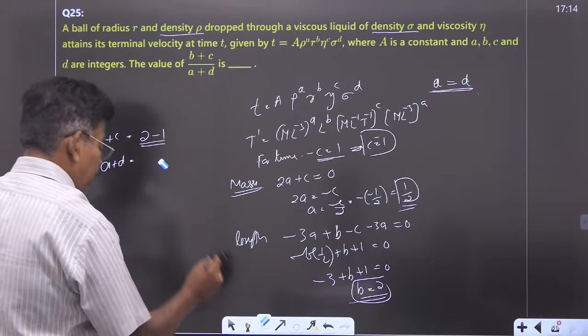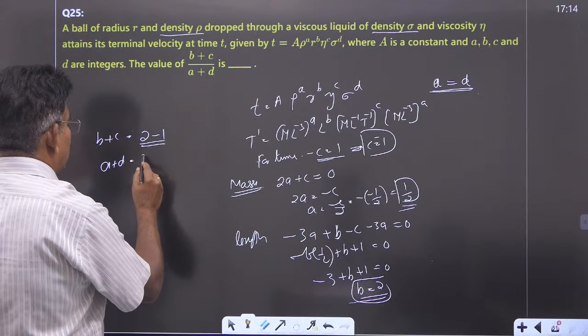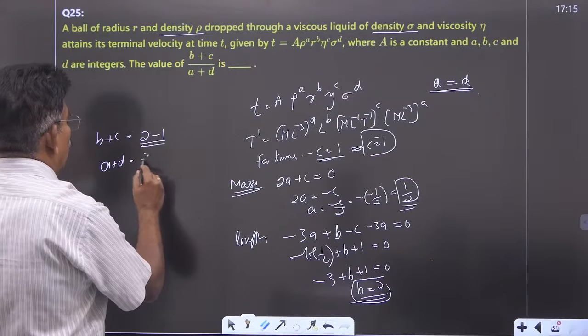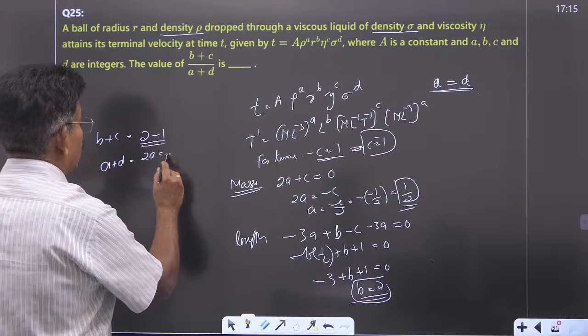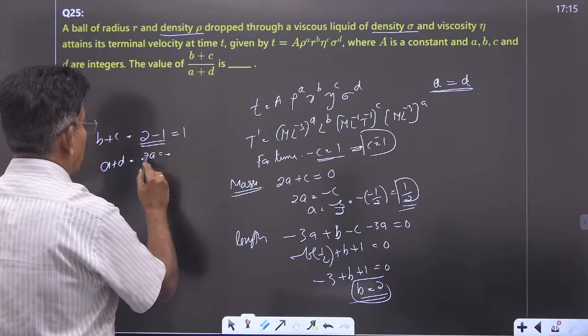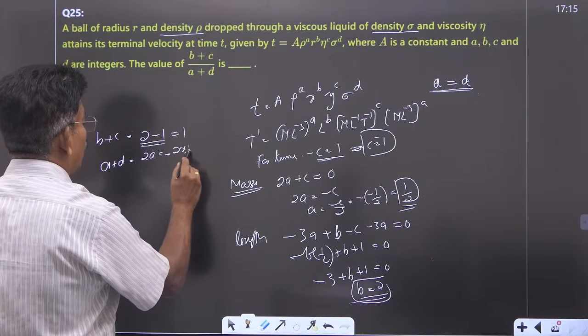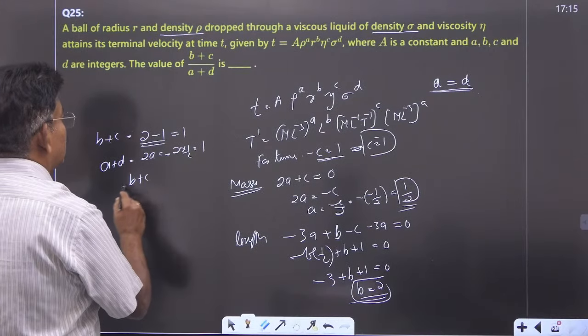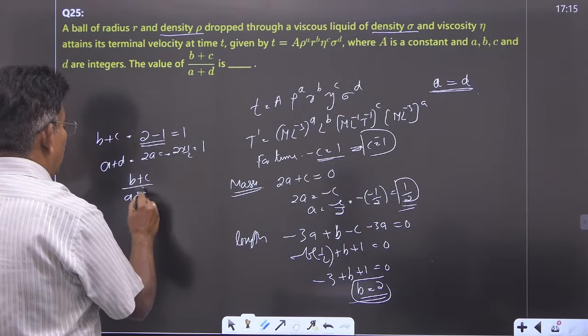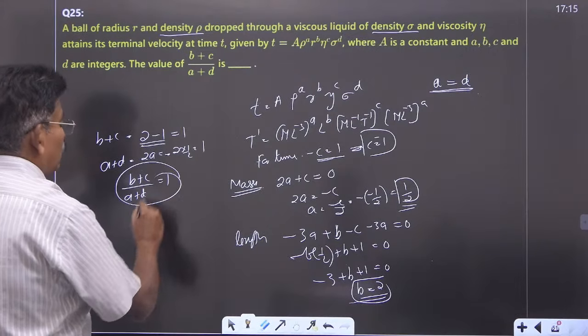Both are same. A and D are equal. And what is the value of A? A is coming to be half. 2A is equal to 2 into half. That is also 1. Therefore, B plus C divided by A plus D is coming to be 1.